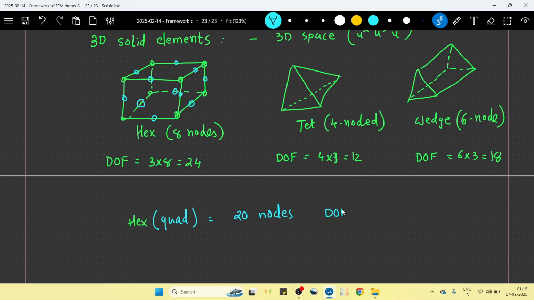So degree of freedom is 60. Similarly, quadratic tet elements have an additional node in each edge. So this will be 10 nodes, and degree of freedom for this element is 30.